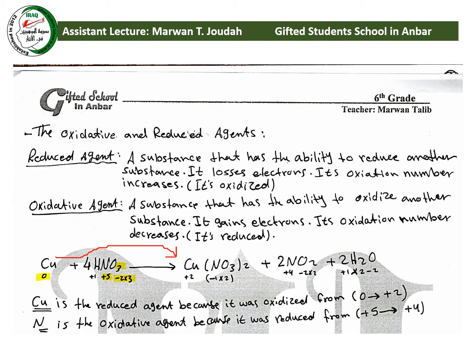What happens to the nitrogen? It transformed into +4 and it was +5. So what happened to it? Its oxidation number decreased, which means that it's an oxidizing agent and it was reduced. The oxidation number got reduced, from +5 to +4.